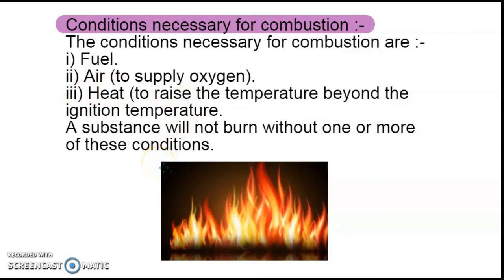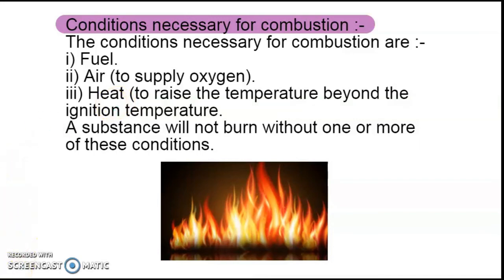If the temperature does not rise to the ignition temperature, will the substance catch fire? Will the combustion occur? No. So heat is necessary, air is necessary, and the fuel, the substance to be burnt, is also necessary. If any one of these is absent, the combustion will not occur.